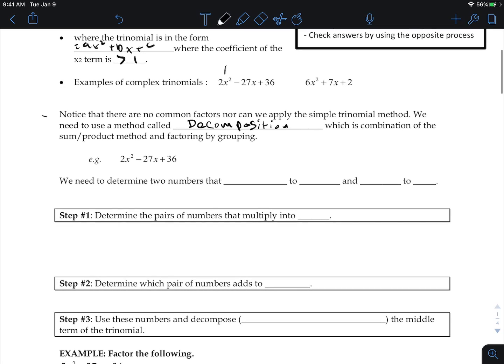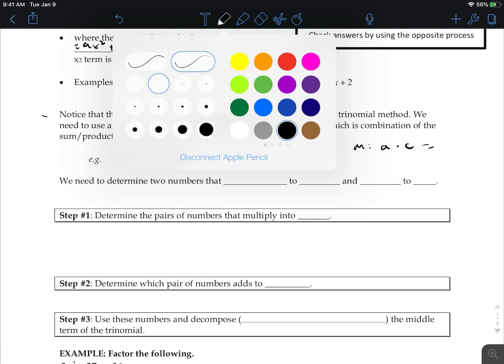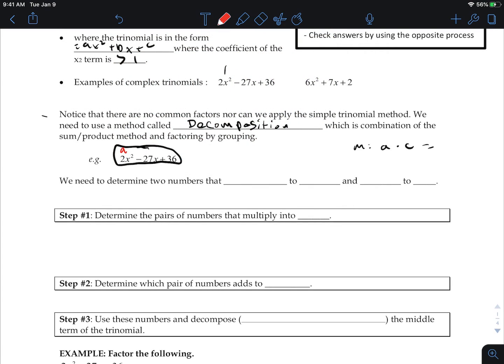So we need to determine 2 numbers, so we're just looking at this question now. Okay? So yesterday I said, regardless if it's a simple trinomial or not, you're always looking at what a times c is equal to. That's what you need to check your multiple is, right? So if I were to write, here's a, there's b, and there's c, right?